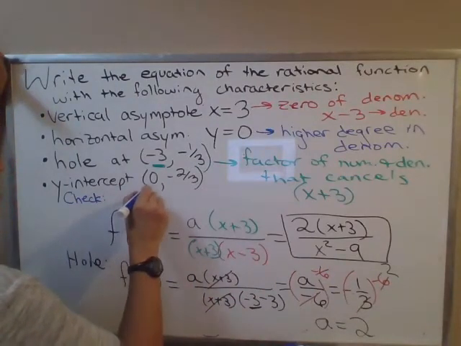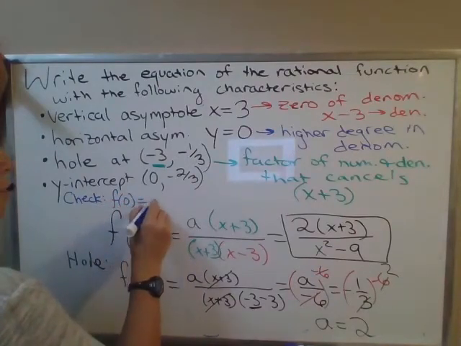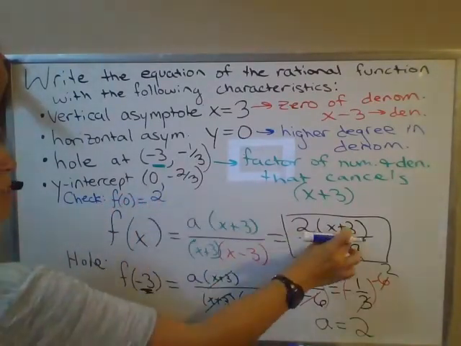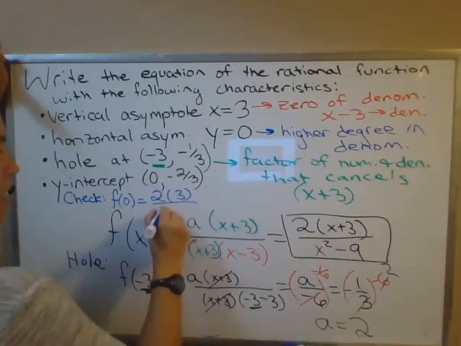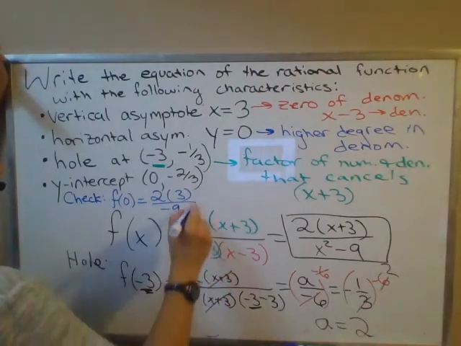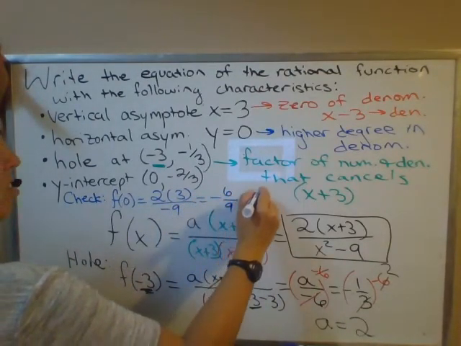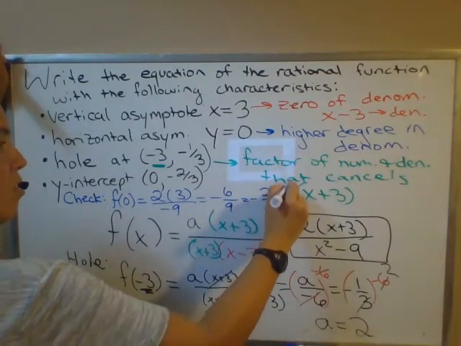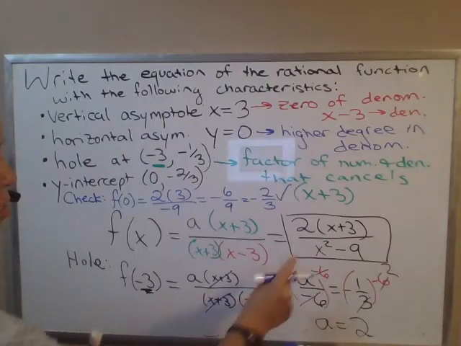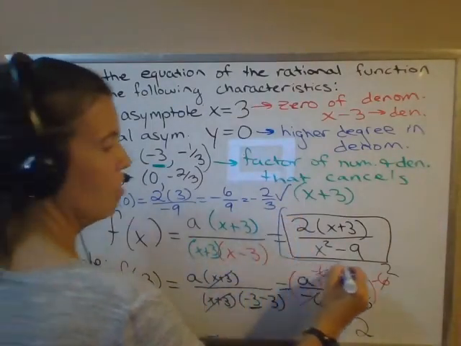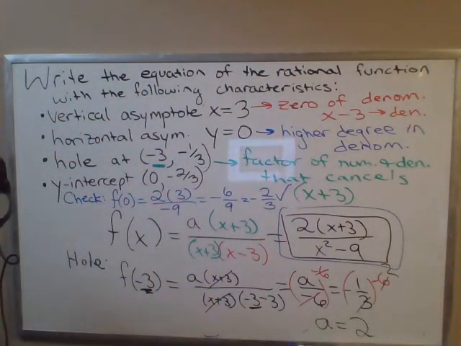So remember that you get the y-intercept by evaluating the function at 0. So f of 0 would be 2 times 0 plus 3, so 3, over 0 squared minus 9, negative 9. So you get negative 6 over 9, which reduces to negative 2 over 3. So we do get the correct y-coordinate there for the y-intercept. So this really is our final answer. This satisfies all 4 of the listed traits.